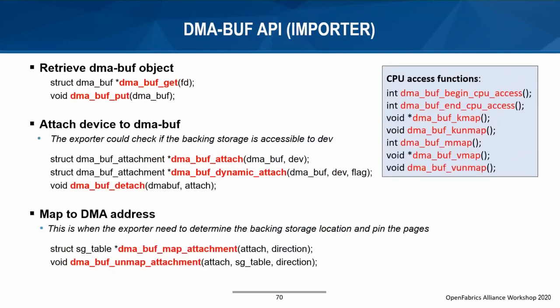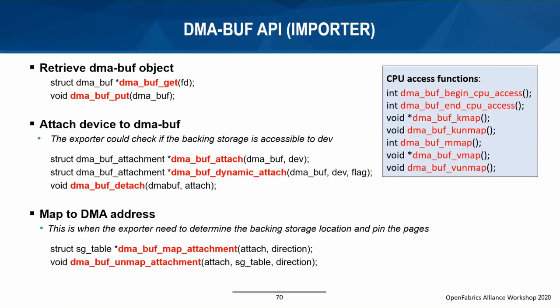At the importer side, there's also a set of functions. Most importantly, there is dma_buf_get to retrieve the DMA-BUF object from the file descriptor, and there is dma_buf_attach, which associates the device at the importer side to the DMA-BUF.